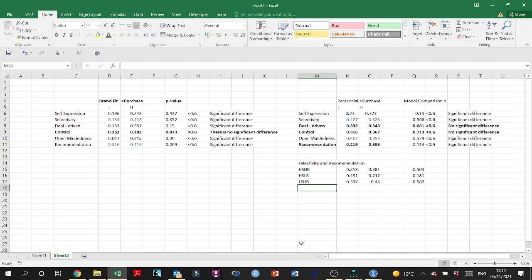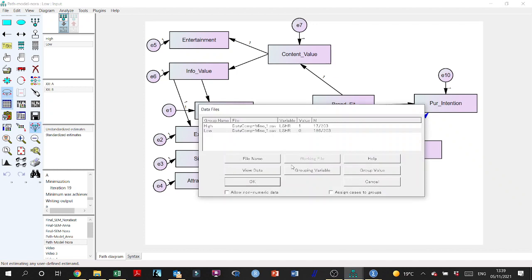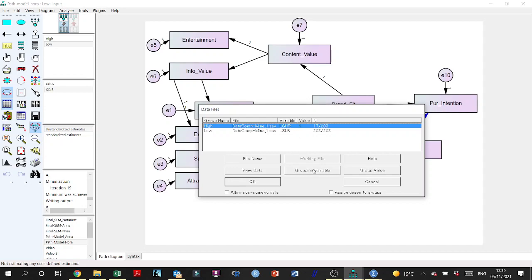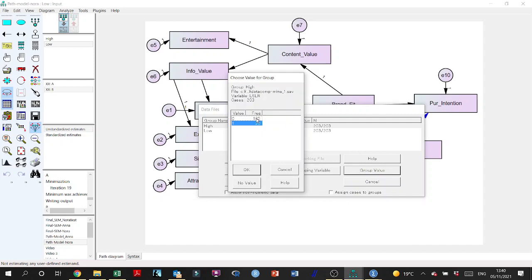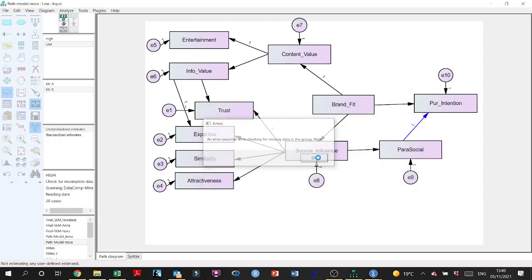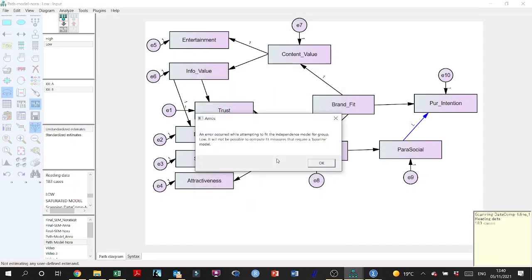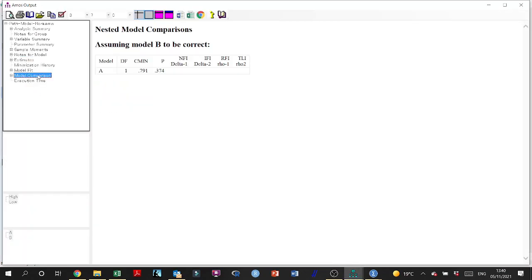Perfect. This is very interesting, isn't it? Low selectivity, low recommendation. Let's see what happens here. So let's change these groupings. And here the group is 1. This group is 0. Comparison is 374.